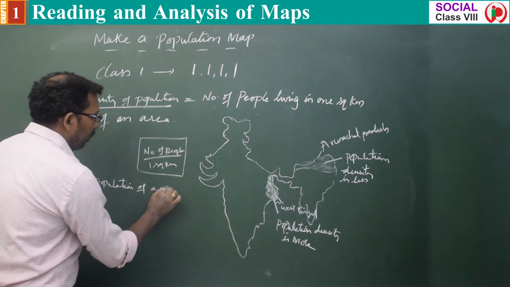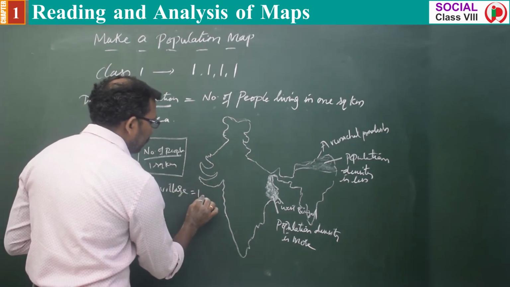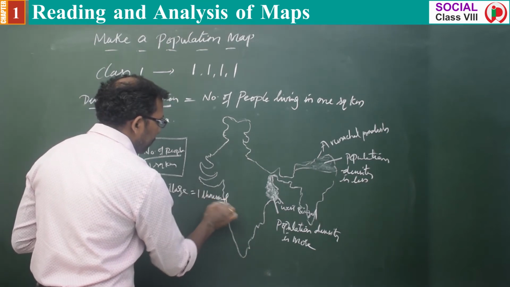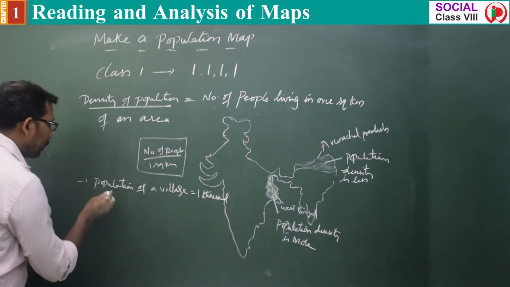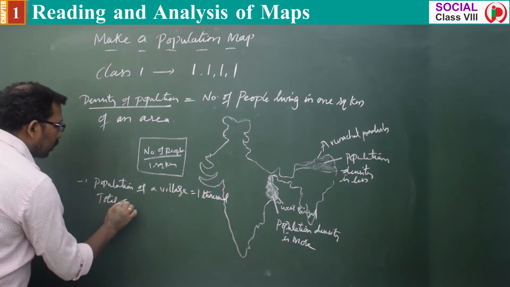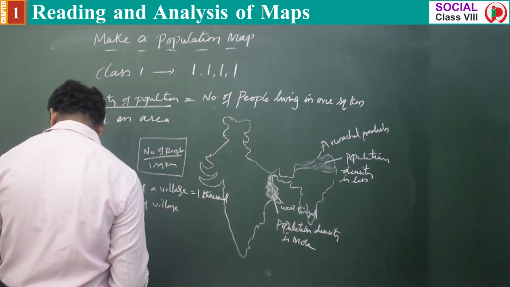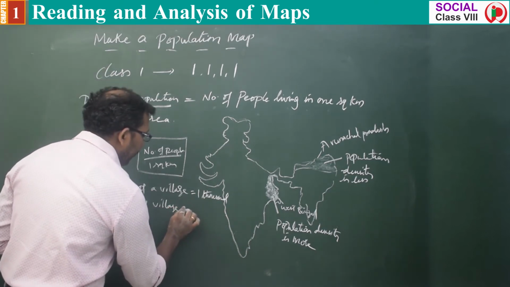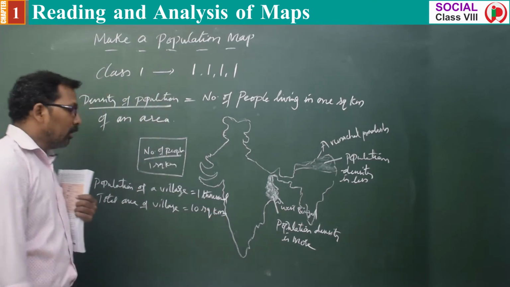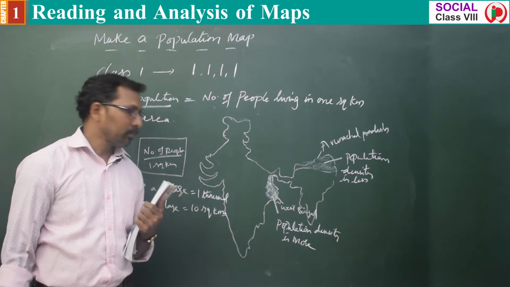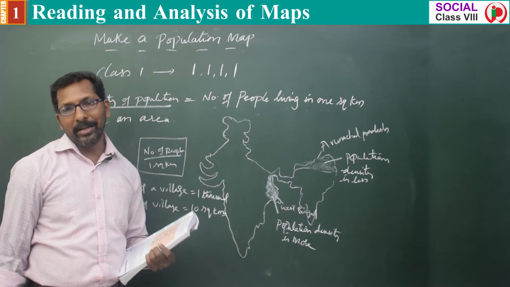Population of the village is 1000. Total area of the village, how much? 10 square kilometers. So the population of the village is 1000 people, whereas the total area of the village is 10 square kilometers.